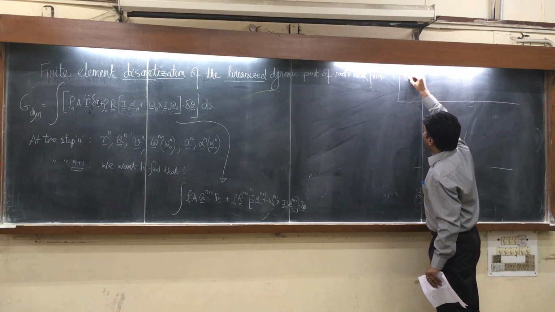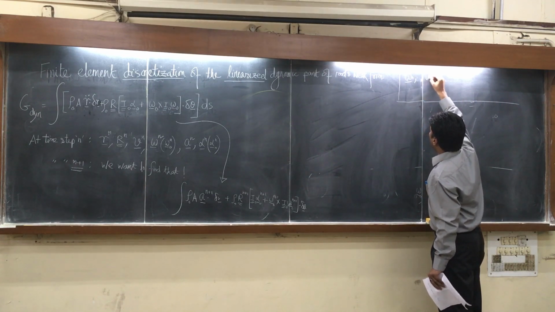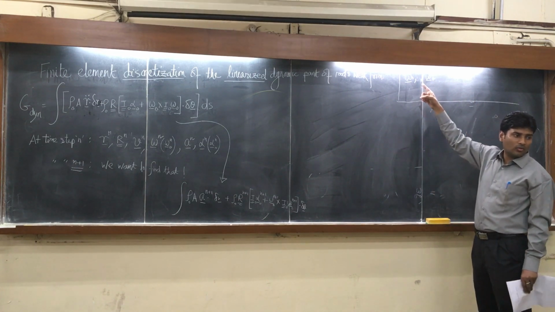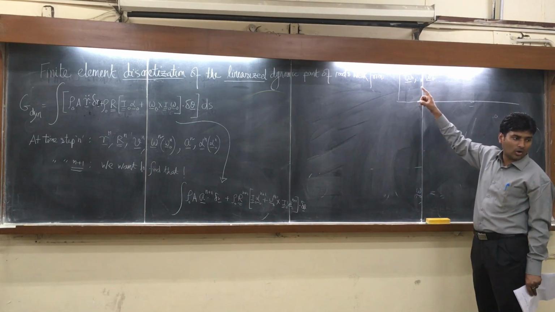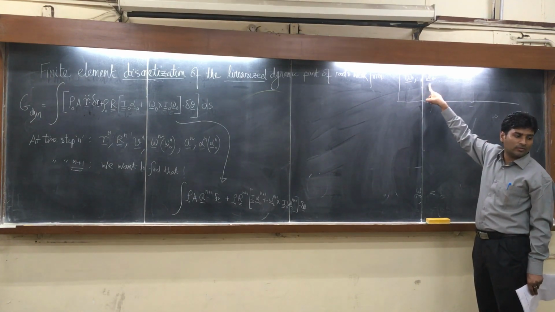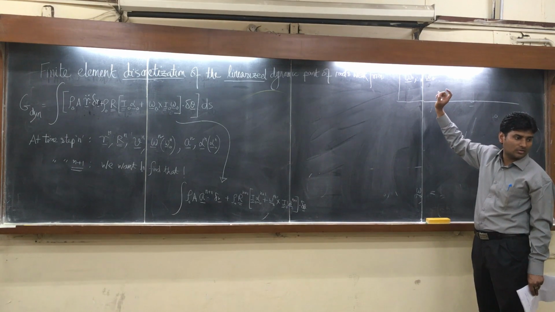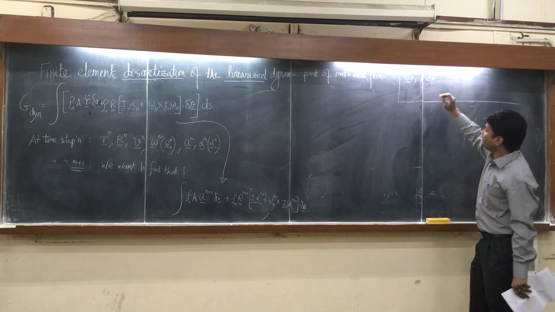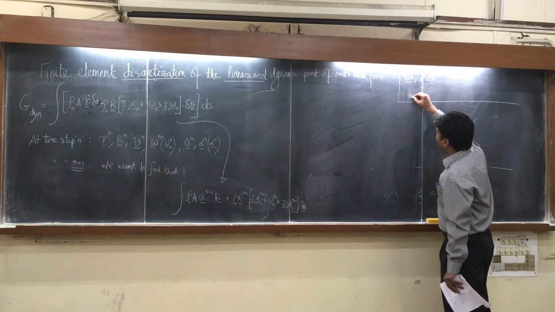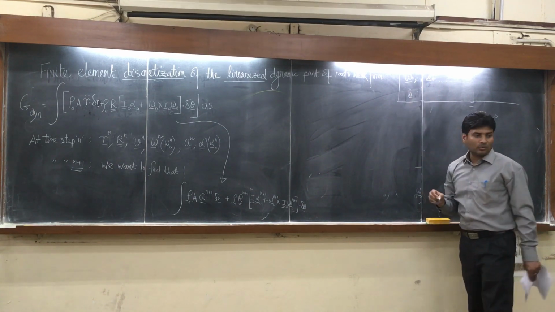So we have omega and omega naught. Right? What is omega? Omega is the axial of r dot r transpose. And omega naught is the axial of r transpose r dot. Isn't it? So, and then omega dot. So what will be omega dot?